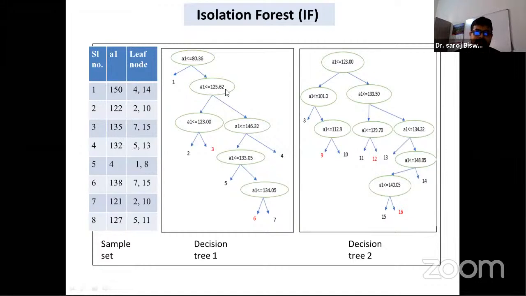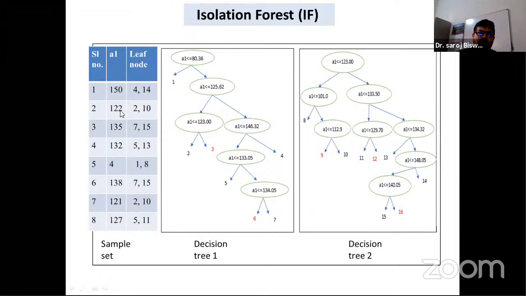Now we look for observations with a value less than 125. They will come on the left-hand side. We have 121 and also 122, so we have two observations here, 121 and 122.